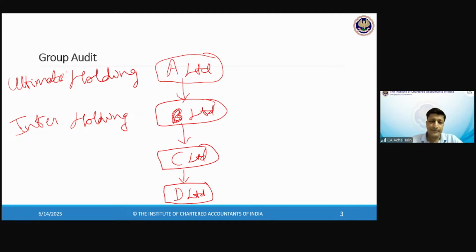Now, in this case, let's talk about this exemption. What does this exemption require? It says C should not be listed nor in the process of getting listed. So there are two conditions. C should not be listed, should not be in the process of getting listed.